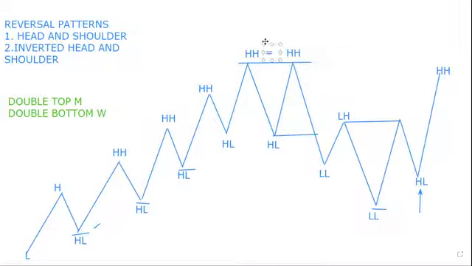This is called a double top. This occurs almost every time in our chart. Then we have a series of downtrend.